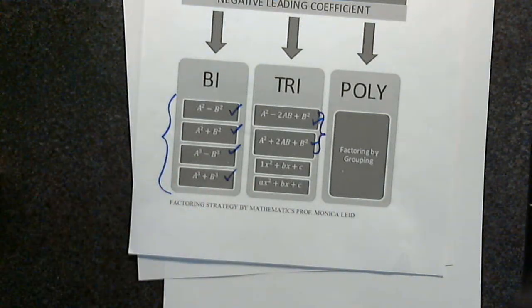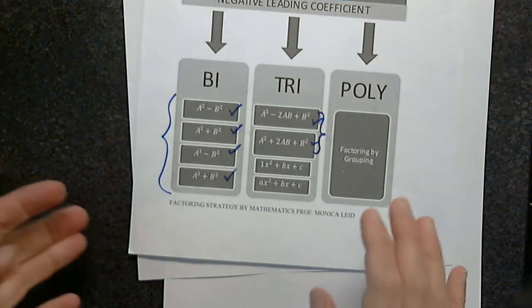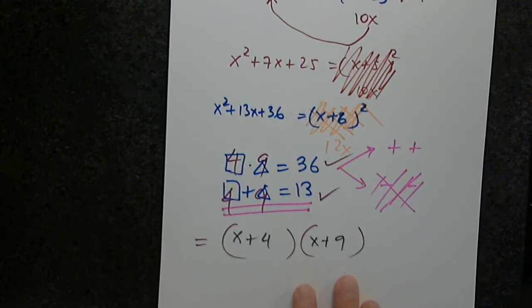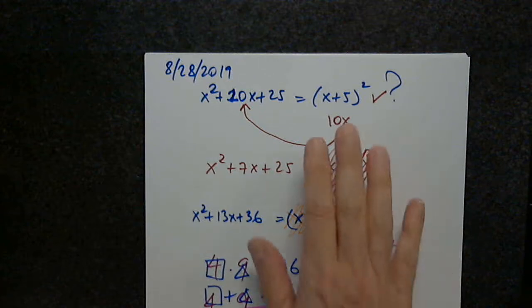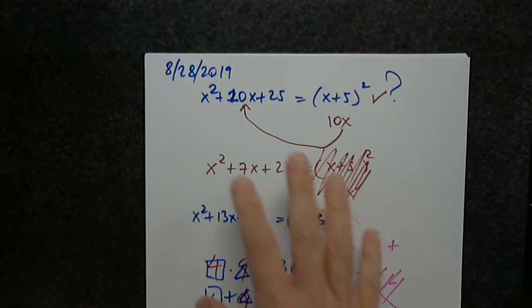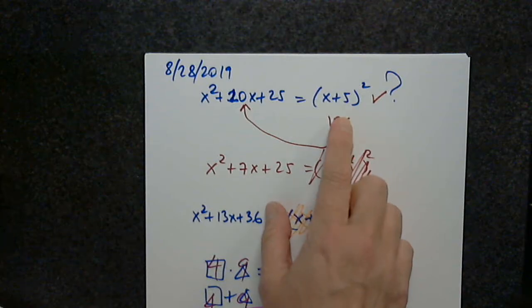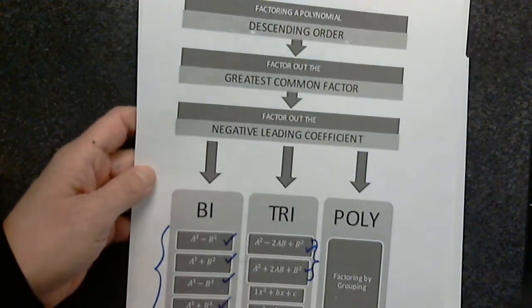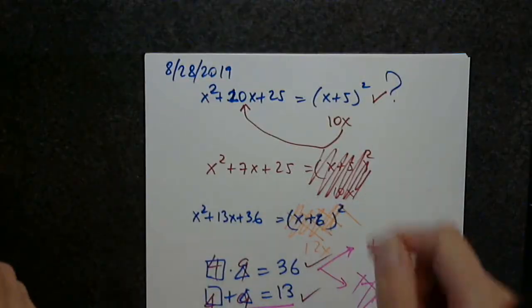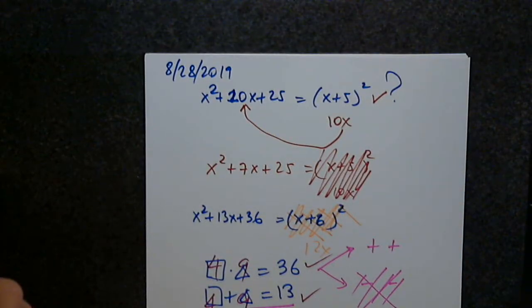I saw another hand. So we did the x squared. If on the test we write x plus 5 and x plus 5 instead of x plus 5 squared, it's not incorrect, but we have to write it as x plus 5 squared. The reason is that you're not going through these steps. Once you go through these steps, you're never going to write x plus 5 times x plus 5.